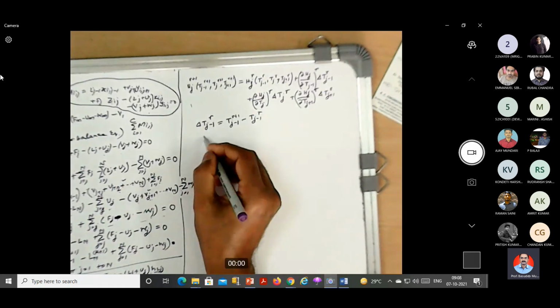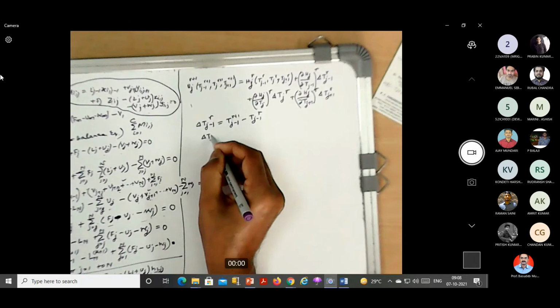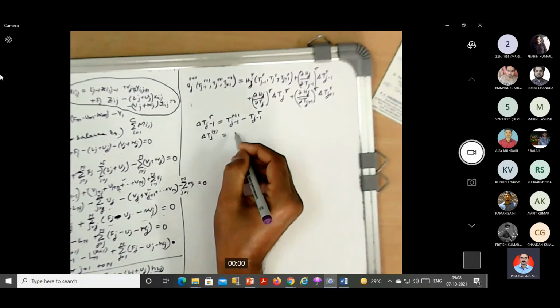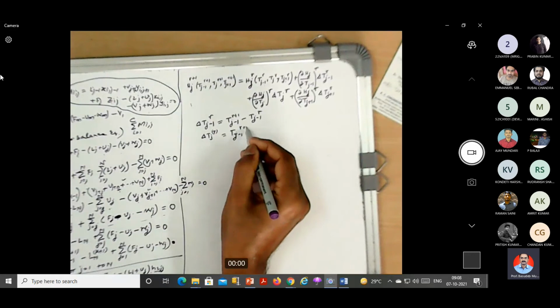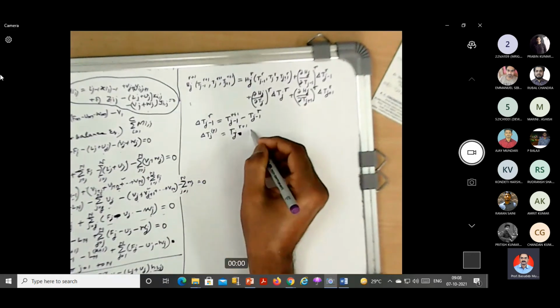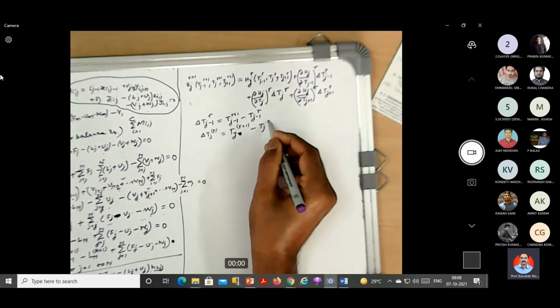Similarly, we can write delta Tj r equal to Tj at r plus 1 minus Tj at r. Okay.